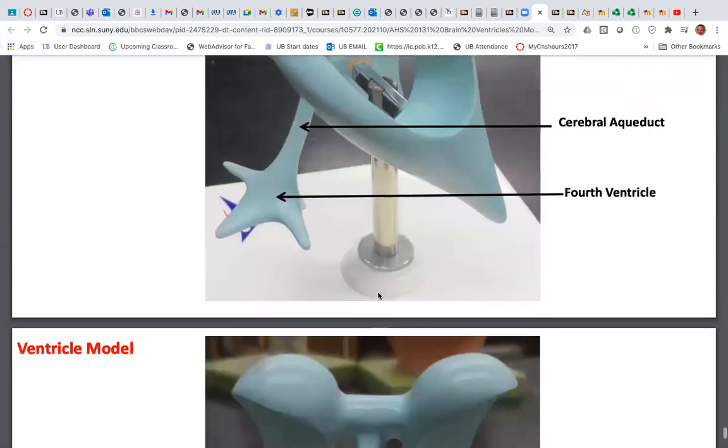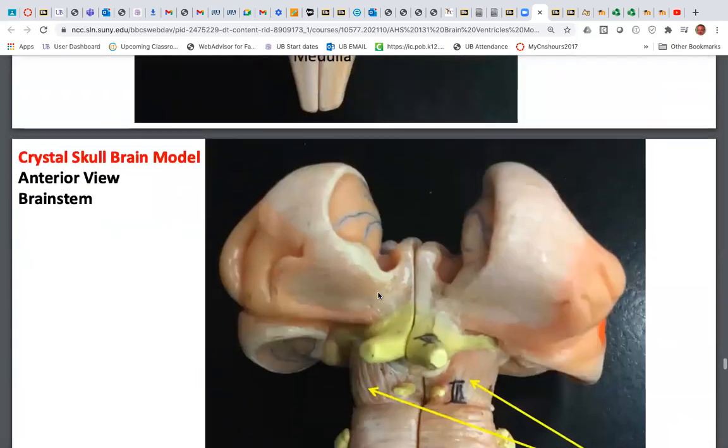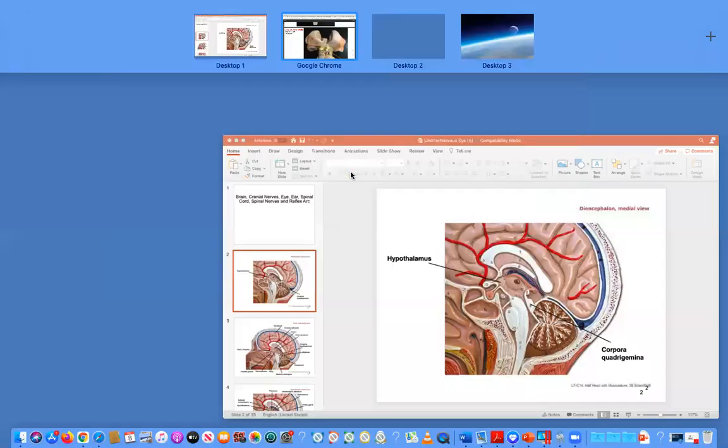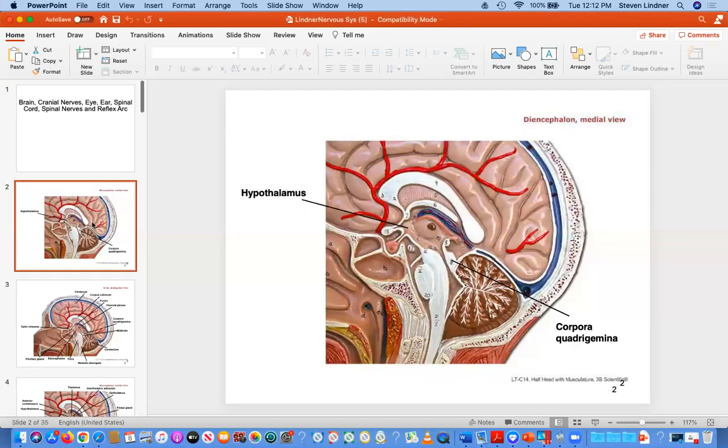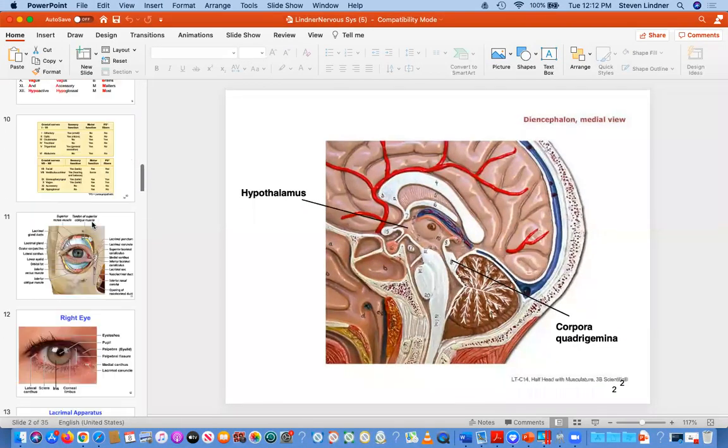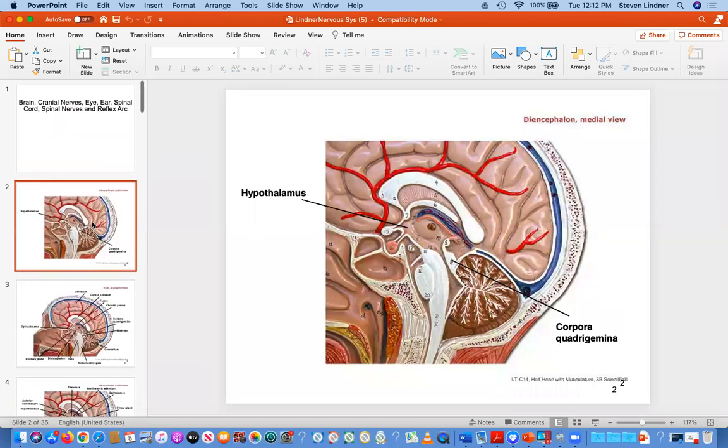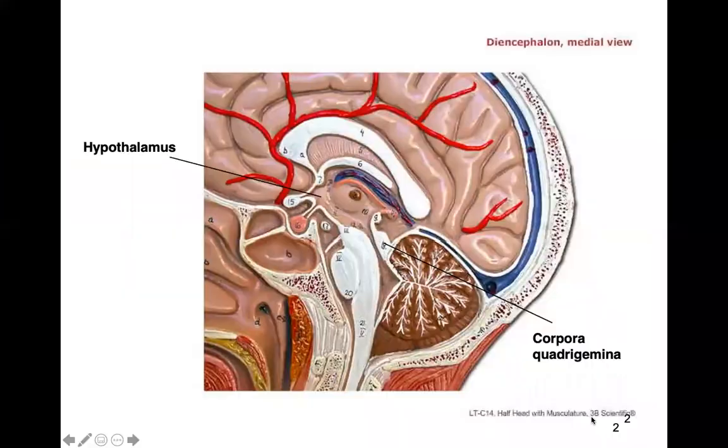Okay, so that brings an end to the brain. Now let's take a look at, let's see, I think this is a little bit more of the brain and a little bit of the special senses.